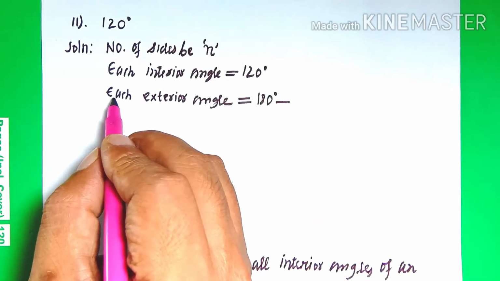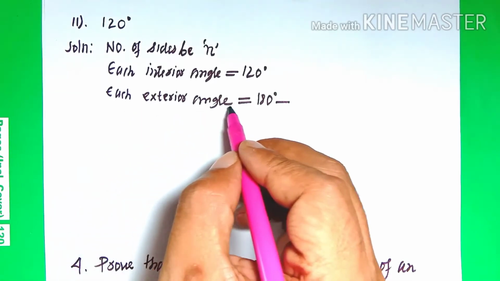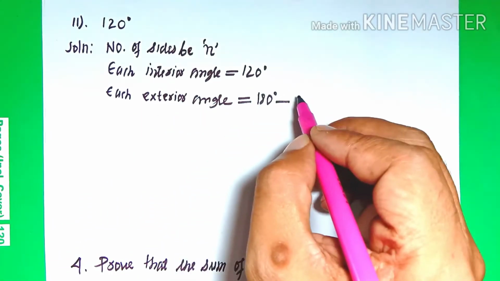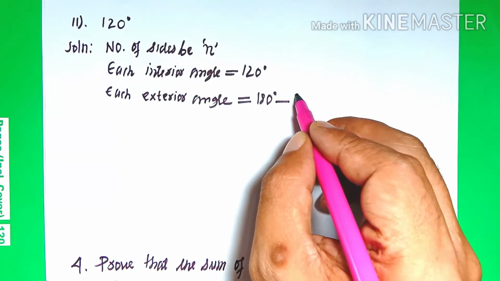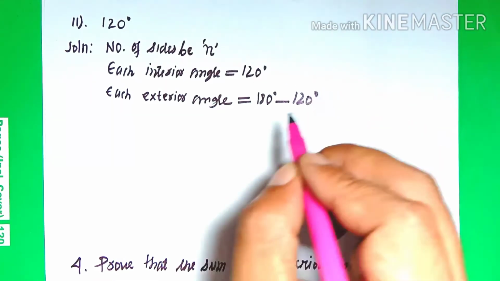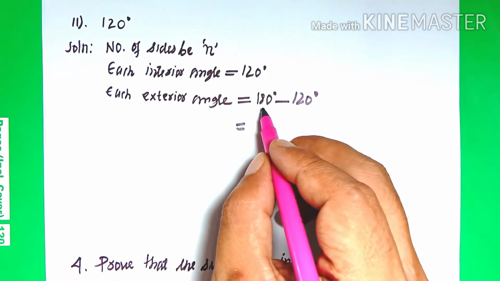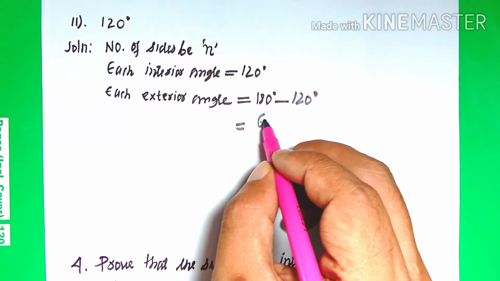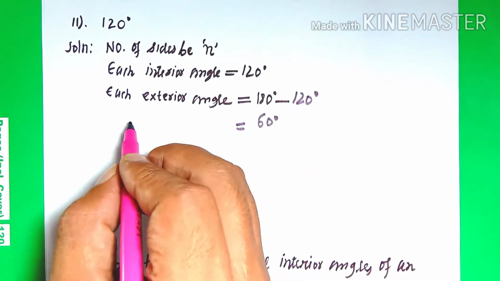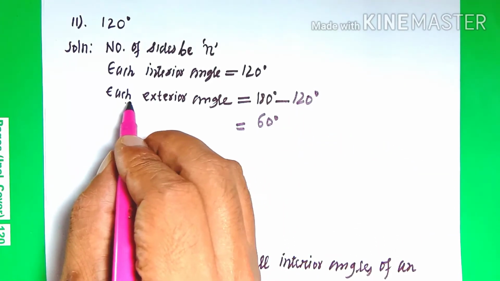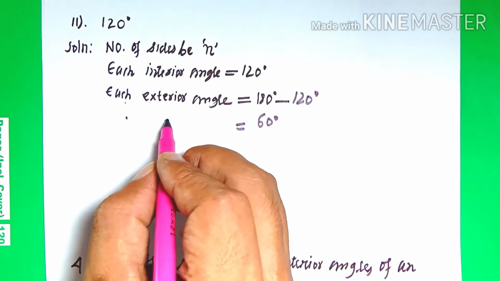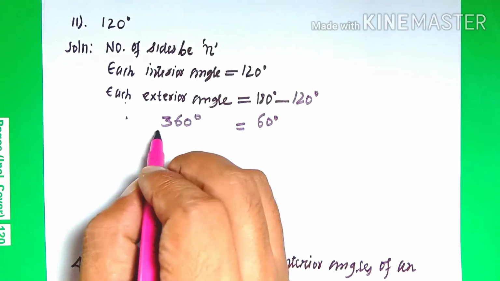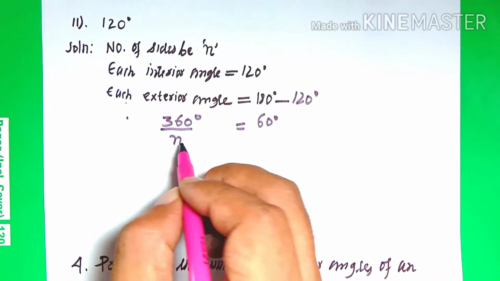Each exterior angle is given by 180 degrees minus the interior angle value of 120 degrees, which equals 60 degrees. And we know that each exterior angle is also given by the formula 360 divided by the number of sides.